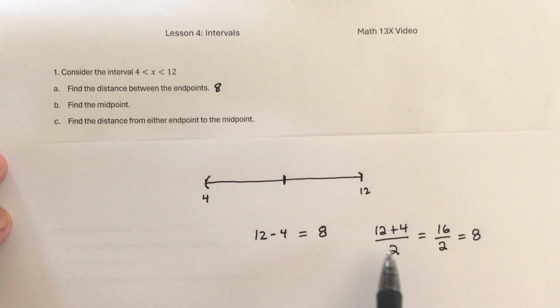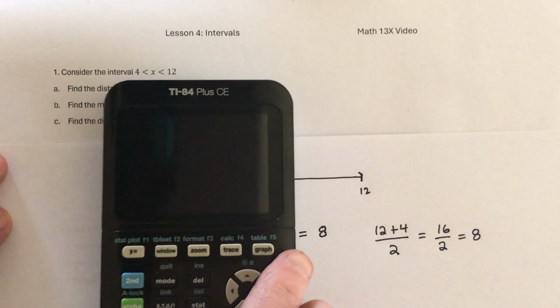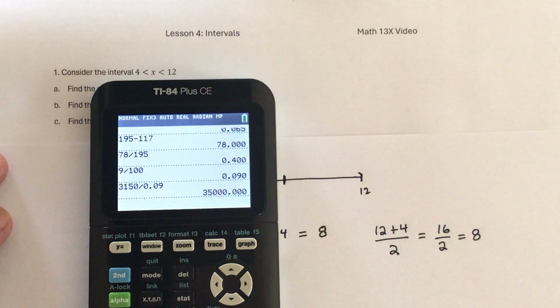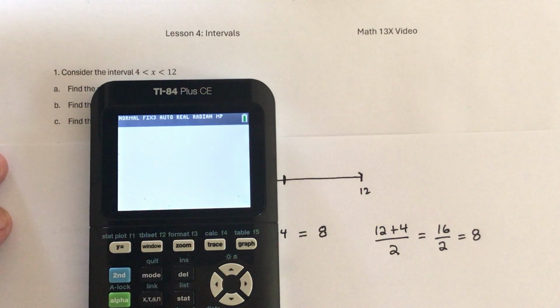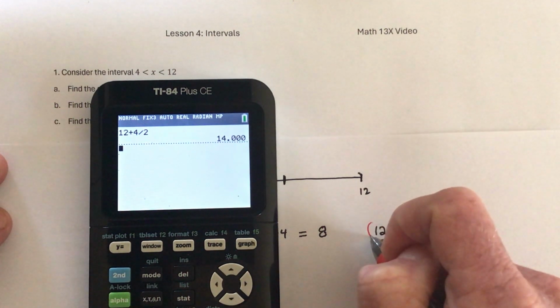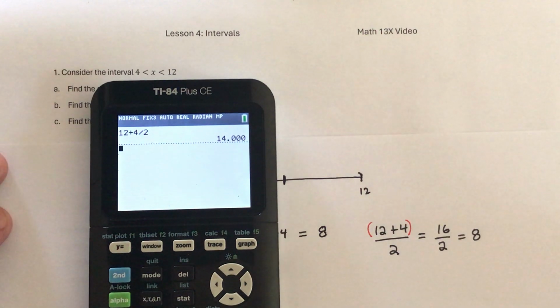I do want to show you this on the calculator because if you just go, let me clear this out, 12 plus 4 divided by 2 equals 8, no, it equals 14. That's because when you do this on the calculator, you need to put parentheses around the 12 plus 4.